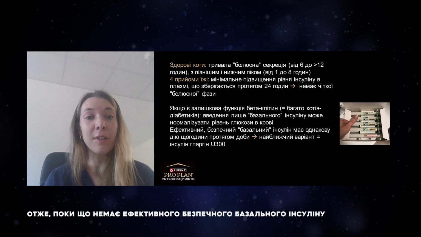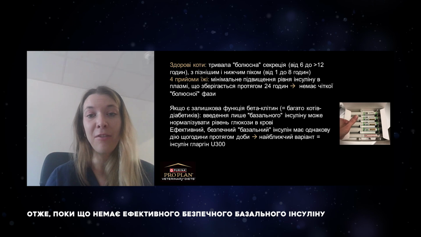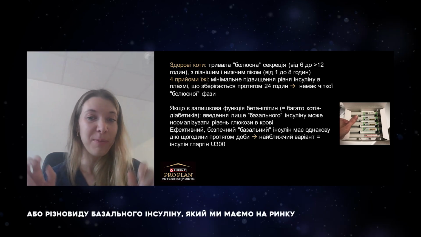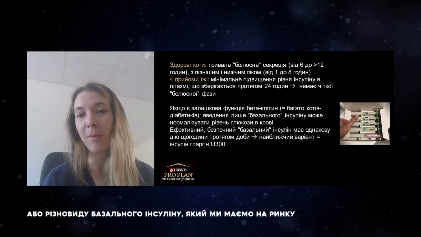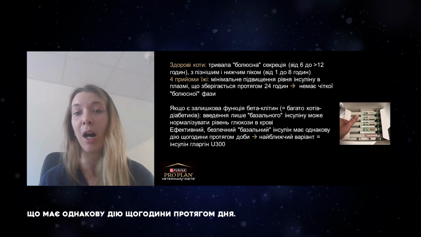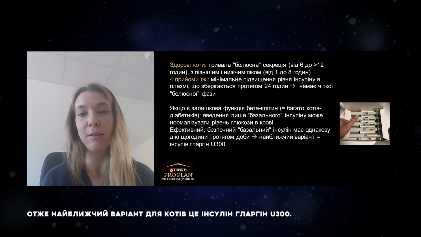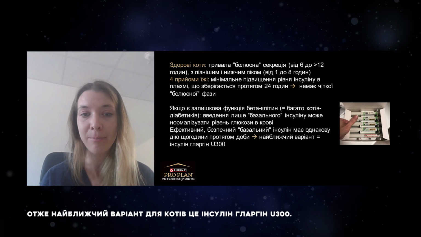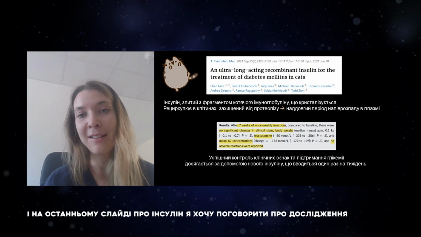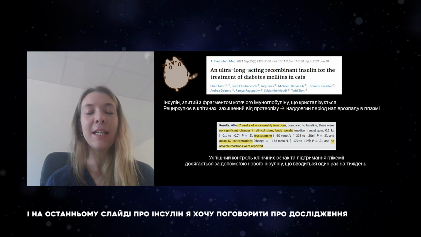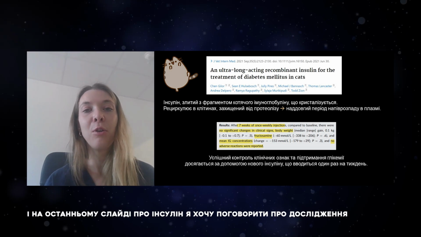So for now, the closest option we have on the market to a safe, effective basal insulin with the same action every hour of the day is insulin glargine U300 for cats.